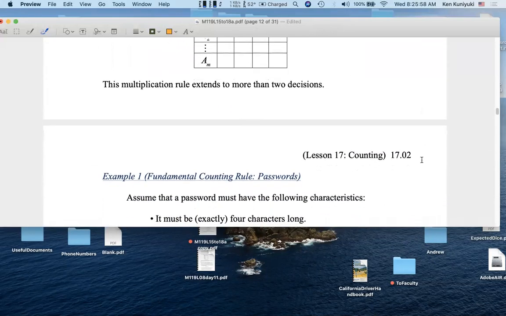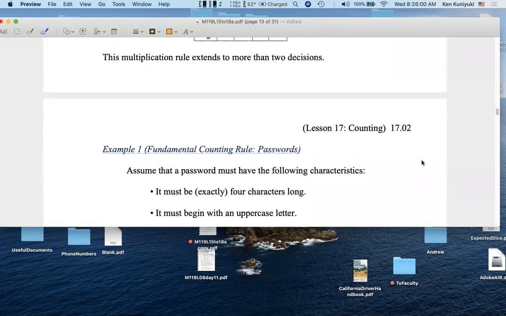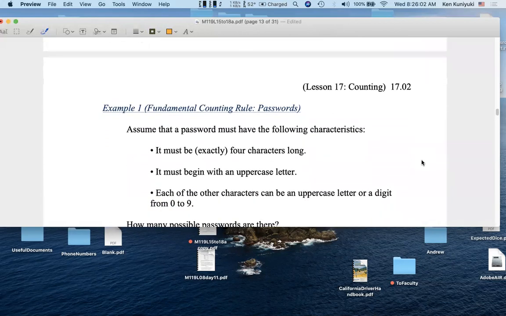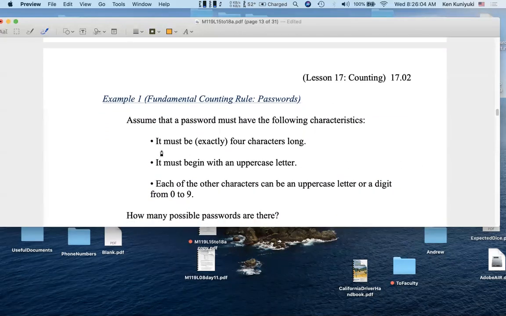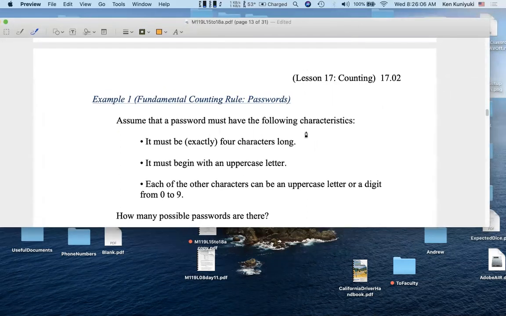So, in example 1, we're going to look at passwords. Assume that a password must have the following characteristics. We're going to find out how many valid passwords there are given these specifications. The password must be exactly 4 characters long.